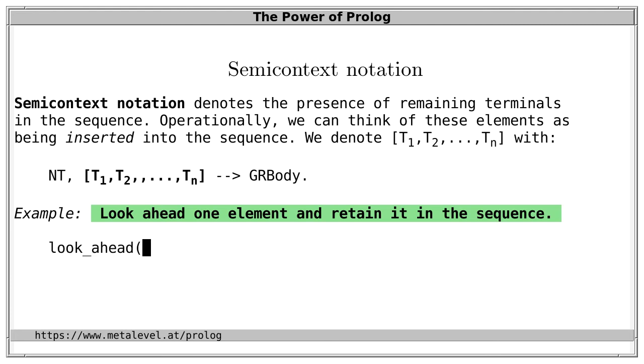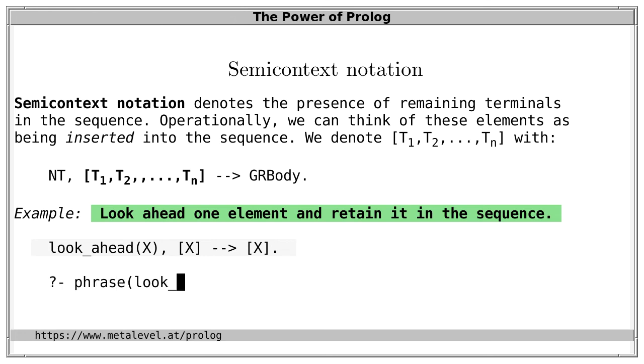So we define lookahead holds for an element x if x is present in the sequence. So we use the terminal x. However, we want to retain x in the sequence. And so we use semi-context notation to state x is a remaining terminal in the sequence after the application of this rule. And that's it.